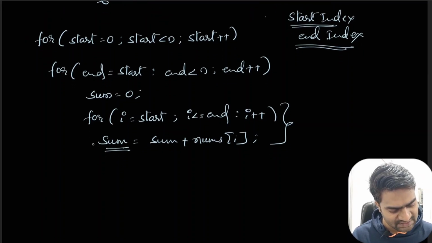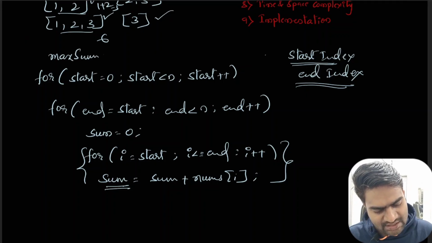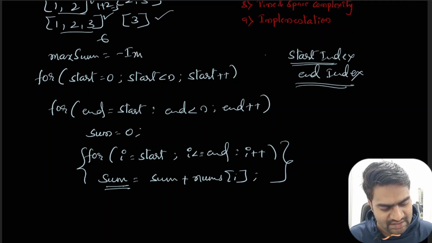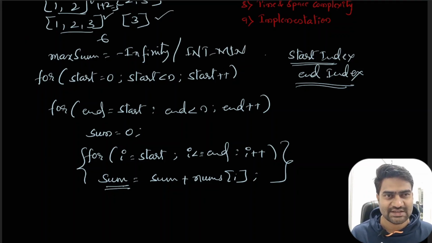Next, once after the end of this for loop, I will take a max sum variable and I'll initialize this with minus infinity, sorry, there is a typo, minus infinity or int minimum, because that's the least possible negative number we will get, right?